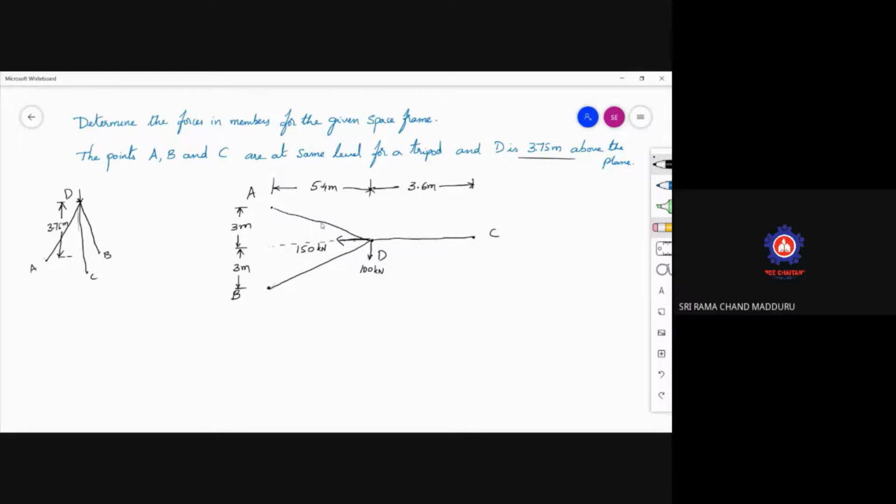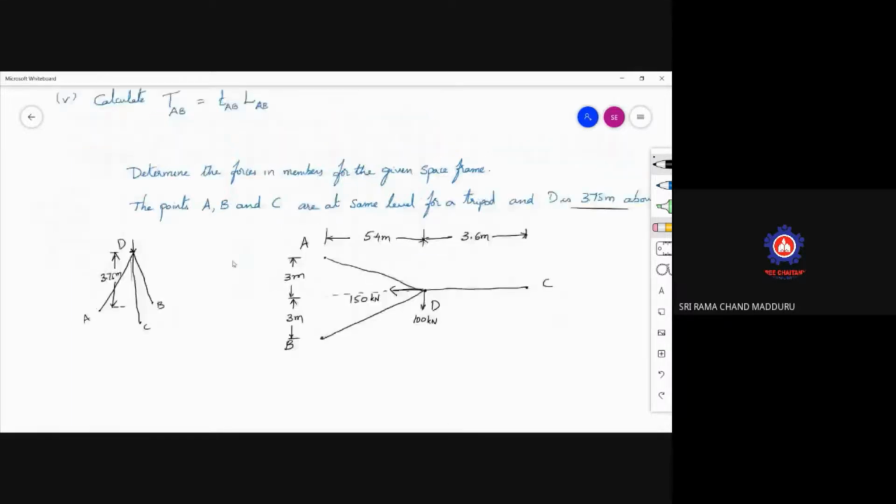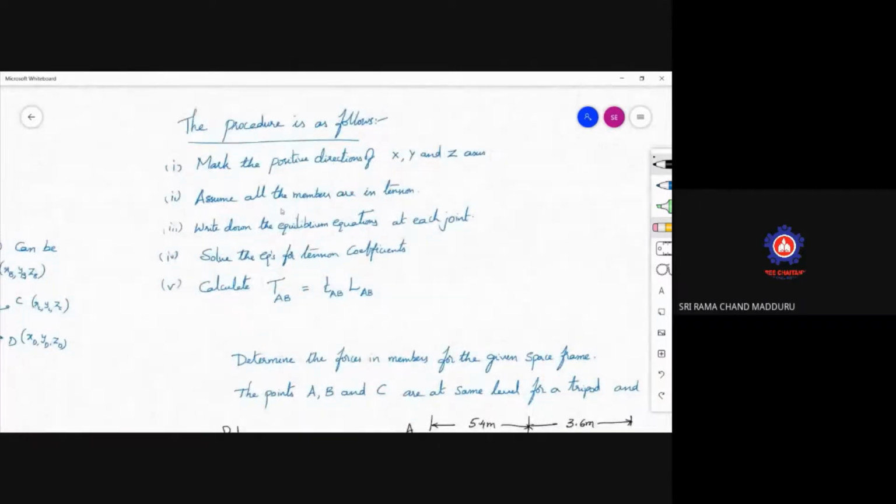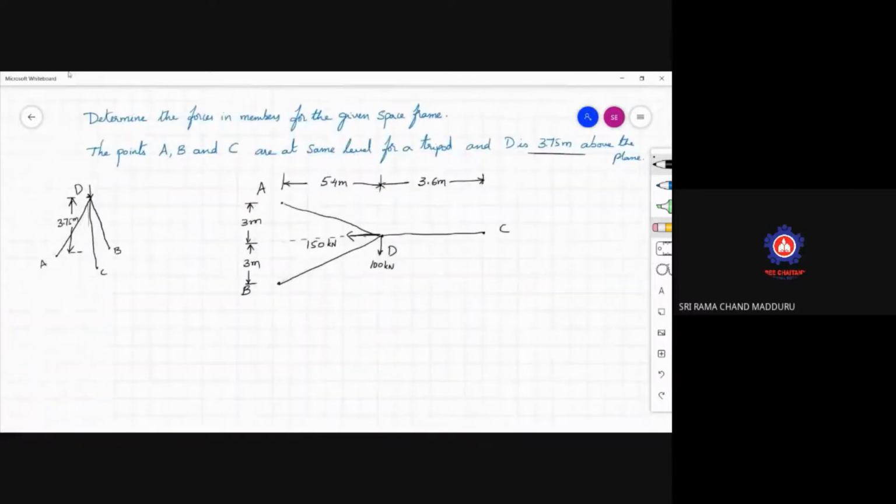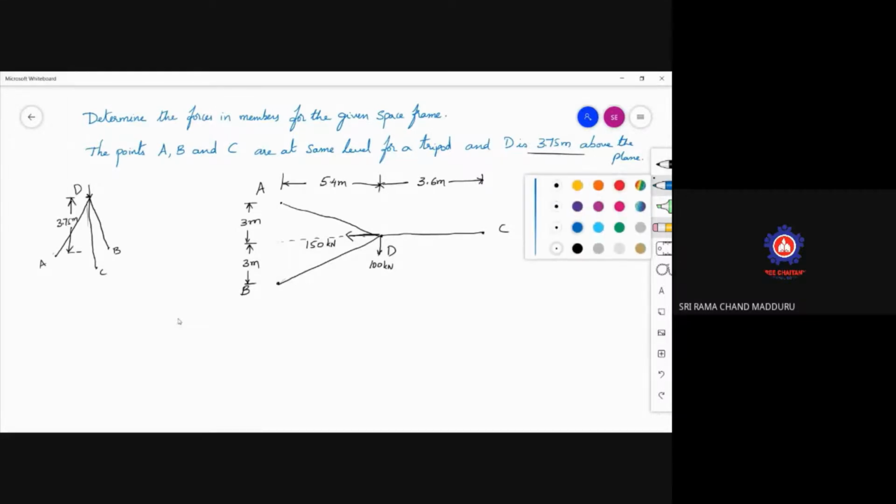Now in the first step, just to go to the procedure of this, mark the positive directions of X, Y and Z axis. Just this is a plan, I am assuming that this is my X axis.